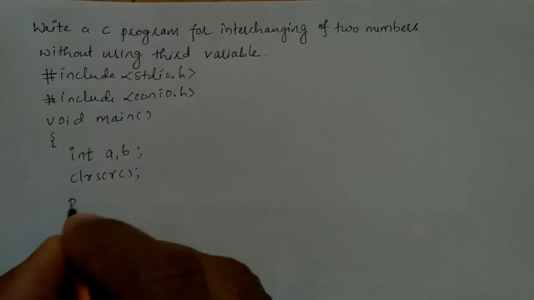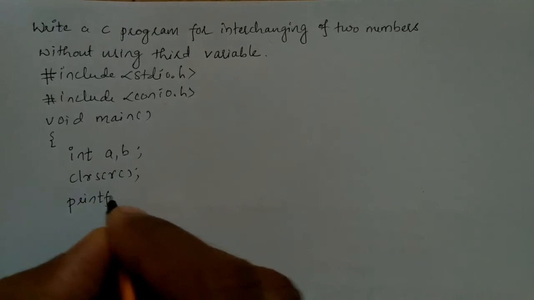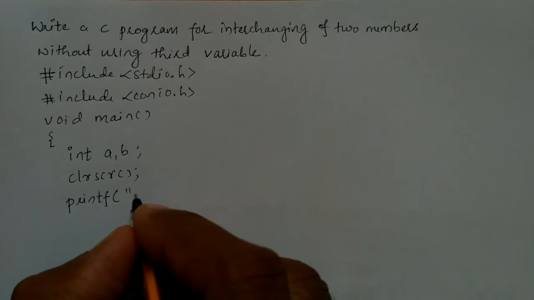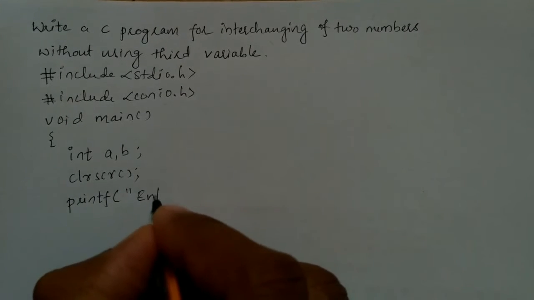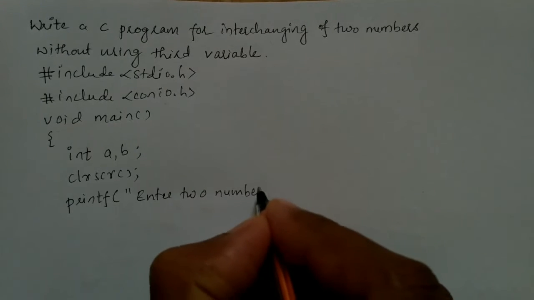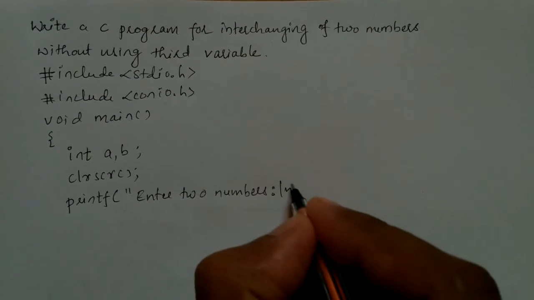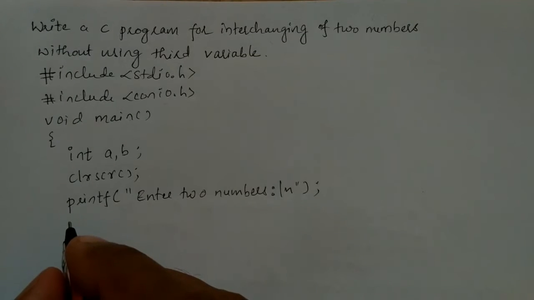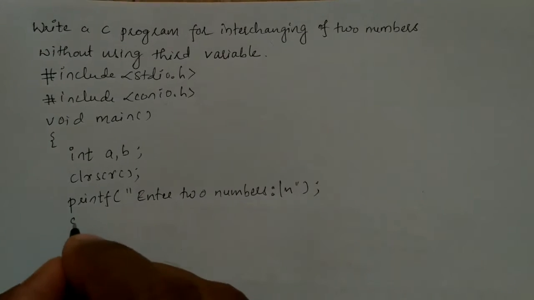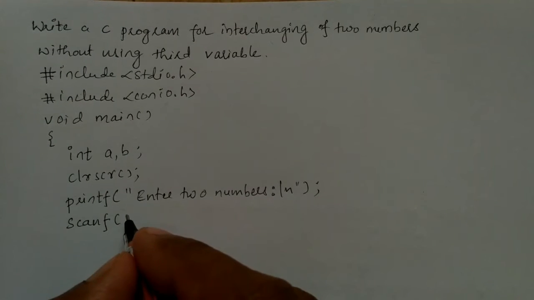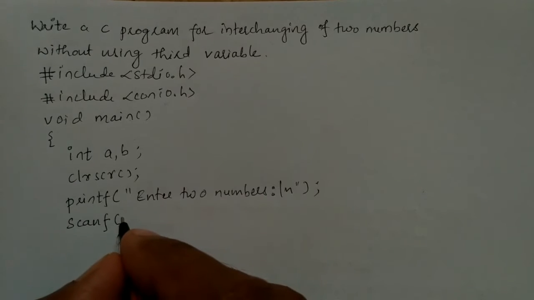Now I'll ask the user to enter two numbers by using printf statement. In a double quotation mark I'm going to write "Enter two numbers", and then I'm going to write \n, end the double quotation mark, close the bracket and put semicolon. Now I'm going to receive two values from the user through keyboard using scanf function.